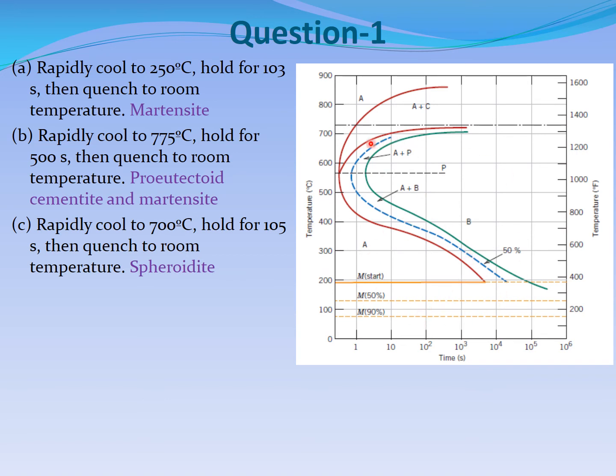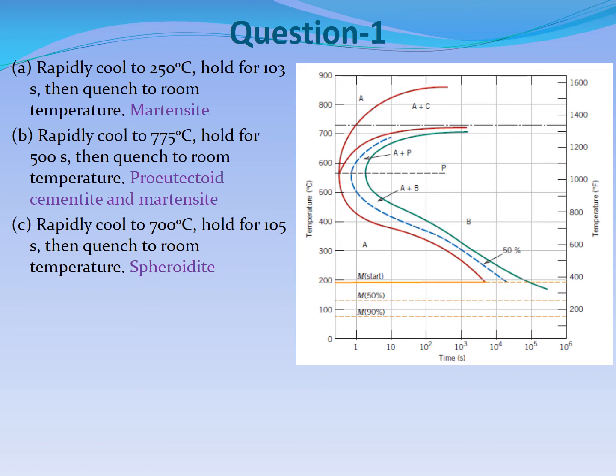But if you do this, then you go back to the definition of a spheroidite, that if you cool to just a little below the eutectoid temperature, then what happens? Do you get coarse perlite? Do you get fine perlite? Do you get spheroidite?